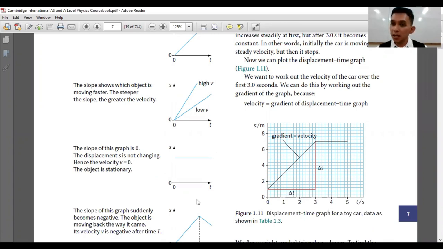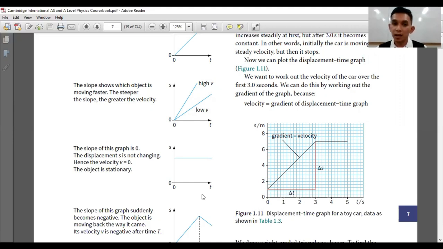You will find this kind of graph later, but with velocity on the y-axis and time on the x-axis. If the graph is flat like this one, it means that there is velocity, but there is no acceleration. So you see the difference.